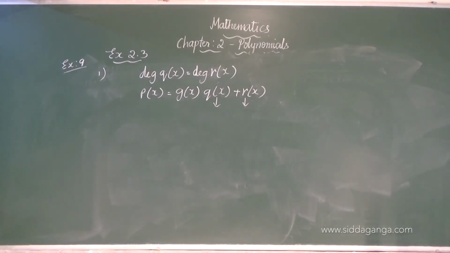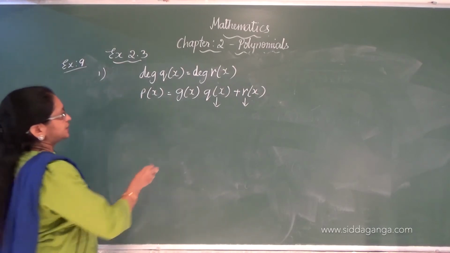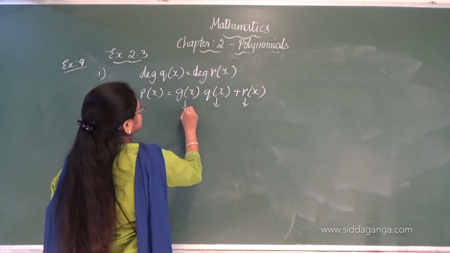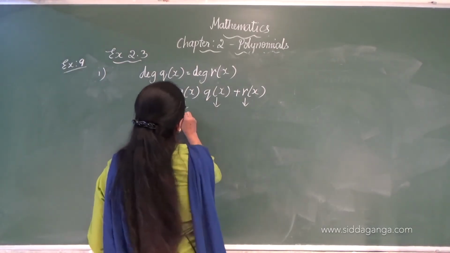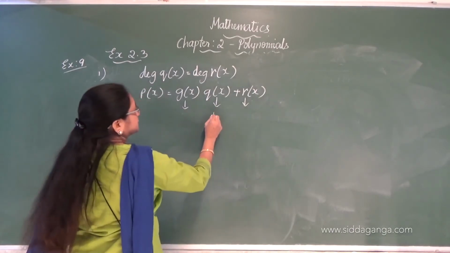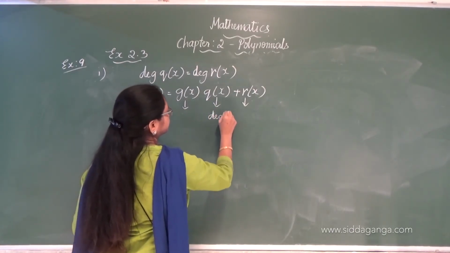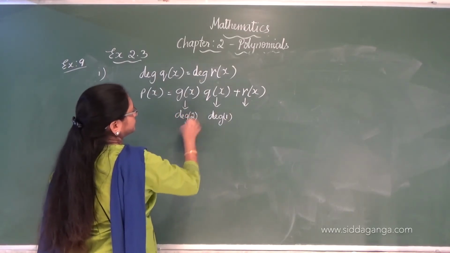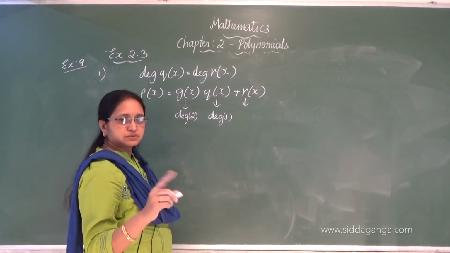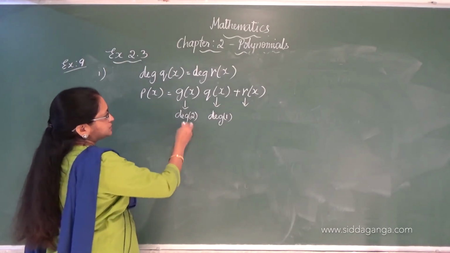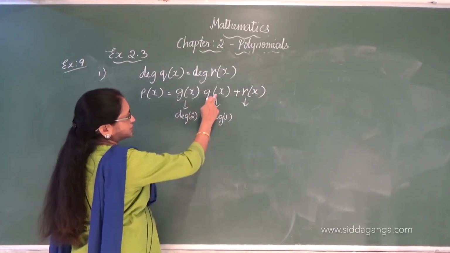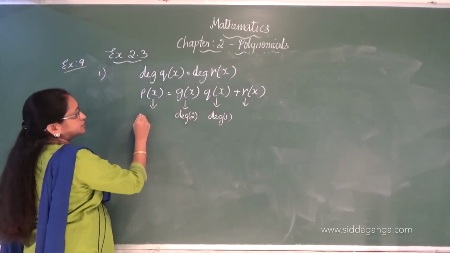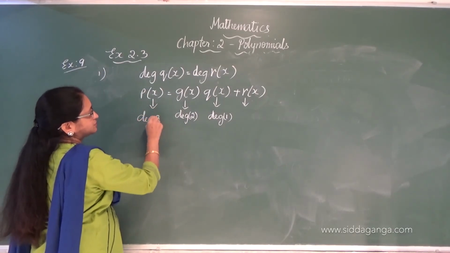Now suppose I take, for example, degree 1 for this and degree 2 for this. Just observe, in the previous sum I told you, if this is degree 2 and this is degree 1, definitely the product will be of degree 3.